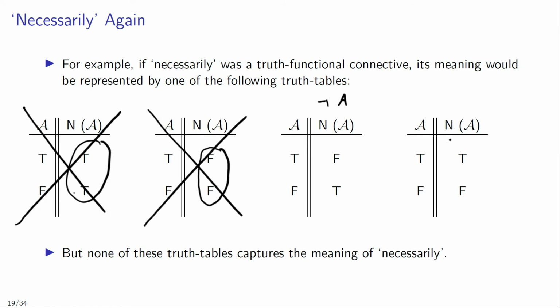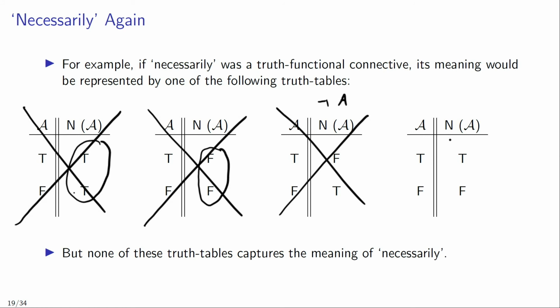But necessarily A and not A clearly differ in meaning. And so that means that the meaning of necessarily A and of not A cannot be represented by the same truth table. And that means that this third truth table does not represent the meaning of necessarily A, given that it already represents the meaning of not A.